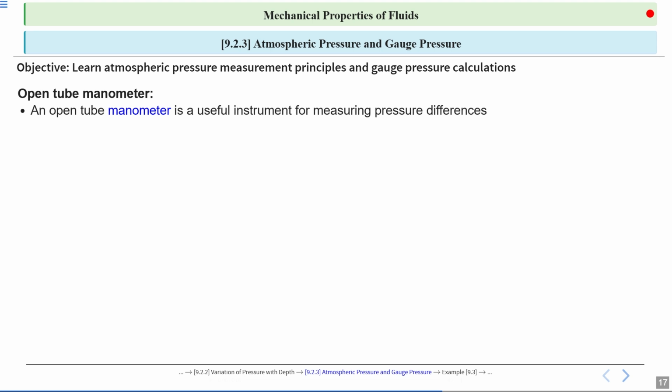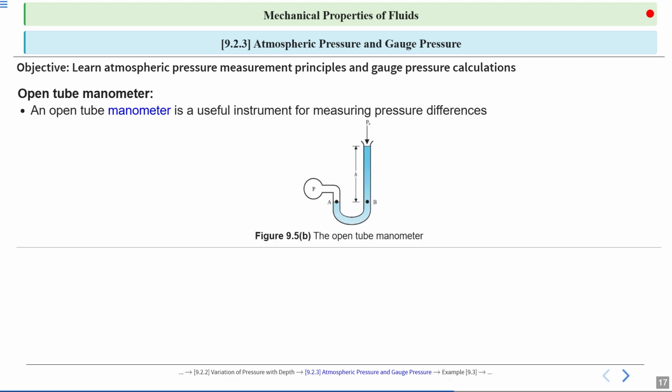Imagine it as a U-shaped tube partly filled with liquid, where one end is open to the atmosphere. The pressure difference causes the liquid to move, and this movement is what we measure to determine the pressure. So here we have figure 9.5a, the open tube manometer. Let's take a moment to observe the structure and how the liquid levels differ in the two arms of the tube.